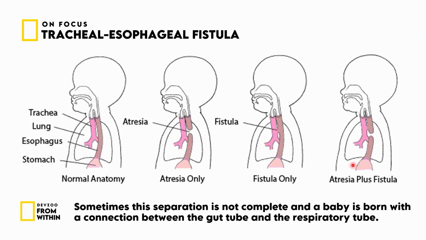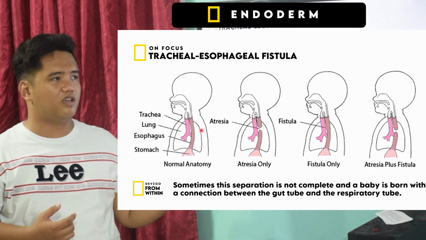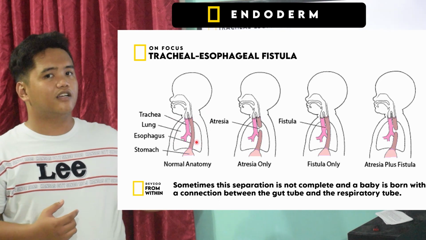Next, let's talk about the problems involving the formation of these branches. The tracheoesophageal fistula. This type of disorder is the fusion of two tubes that are supposed to be separate, the esophagus and the trachea. You can see in the illustration that the normal anatomy has two different tubes.